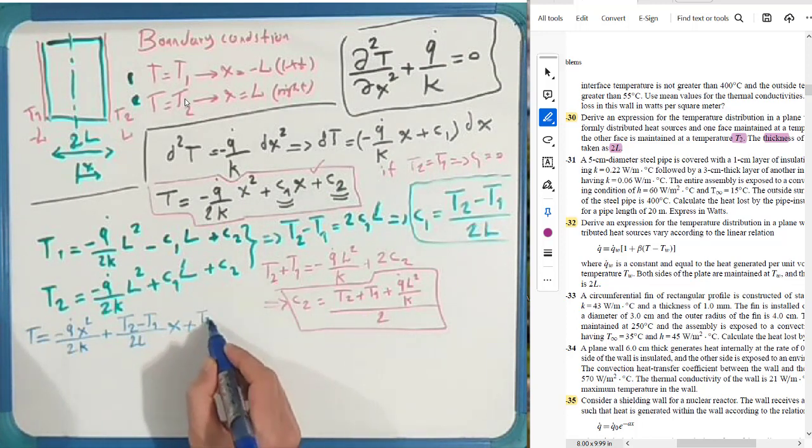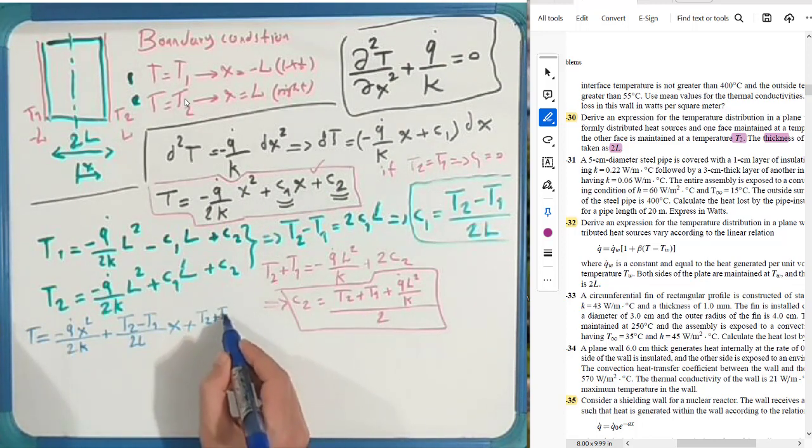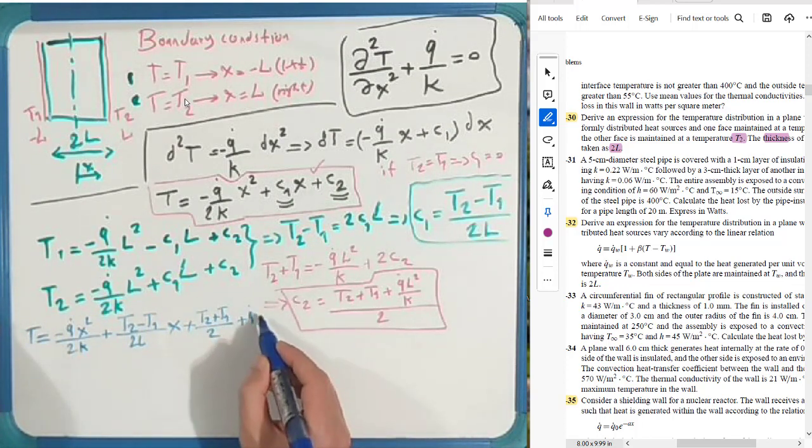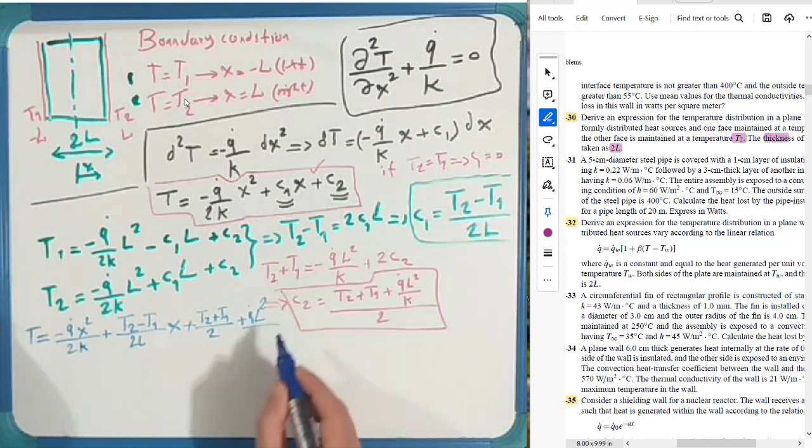I will write it this way: T2 plus T1 over 2, plus Q dot L squared over 2K.